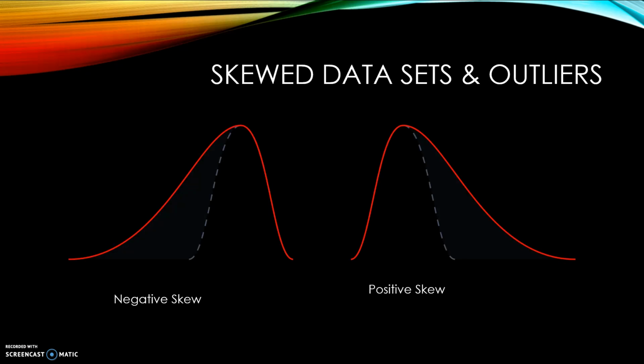Next is skewed data sets and outliers. Outliers are data points that appear significantly different to the rest of the data set. However, even if a data point looks significantly different, it's not enough for us to just say that it is an outlier and be subjective about it. We must perform a statistical test. The way to statistically determine an outlier is by finding the first quartile, median and third quartile.